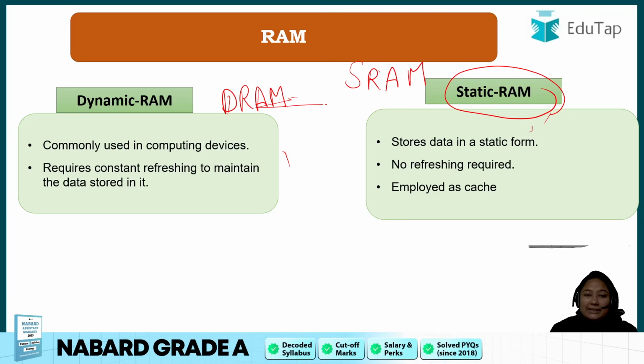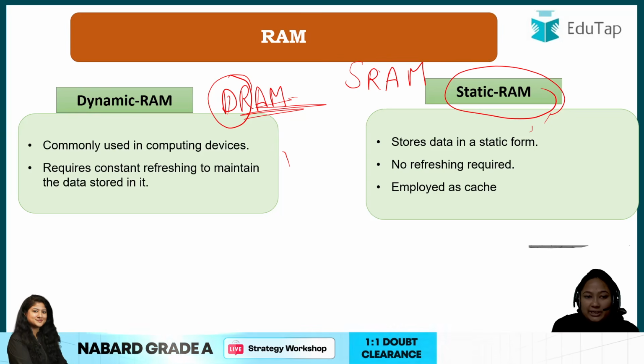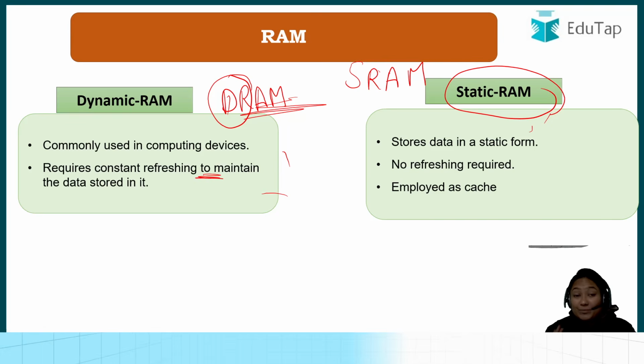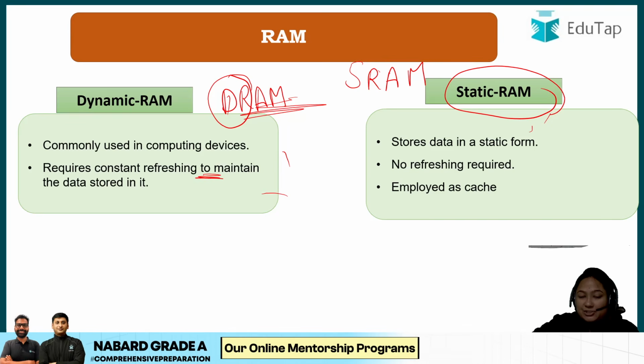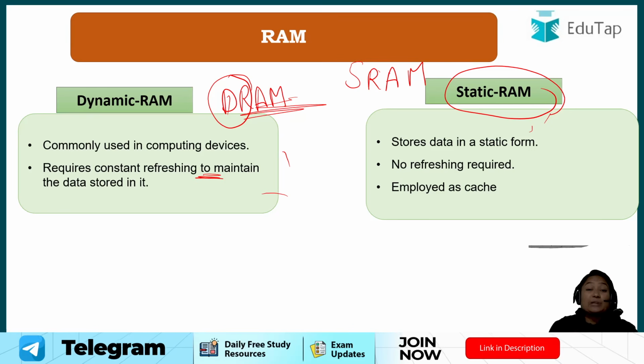DRAM: dynamic means something is going on again and again. So what is going on again and again? This type of RAM needs constant refreshing to store the data. That is why, if the power is shut down, it will not get refreshed and the dynamic RAM will lose its data. Whenever we are working on any file, we are actually using the DRAM.